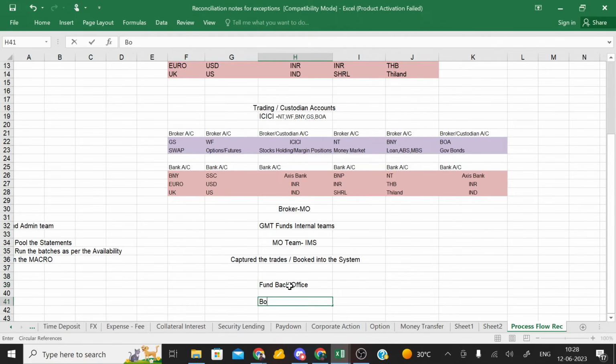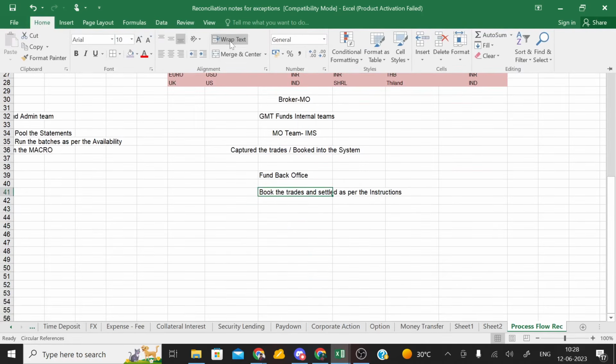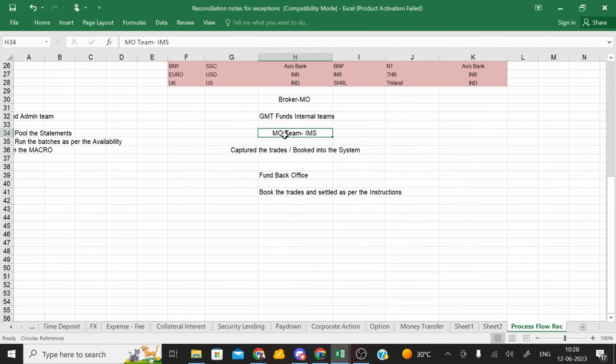Book the trades and settle for the instructions, right? For the instructions. So here you would see under middle office, it's one kind of department, right?